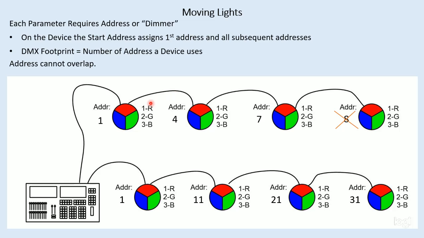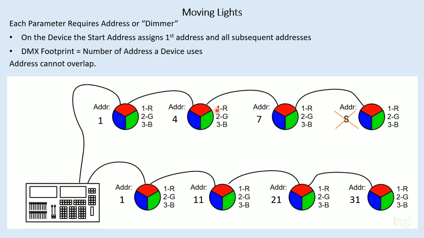Now, we run our DMX cable, we daisy chain it into our next device, and our next device can't overlap with these. We should go ahead to the next available address, which is 4.